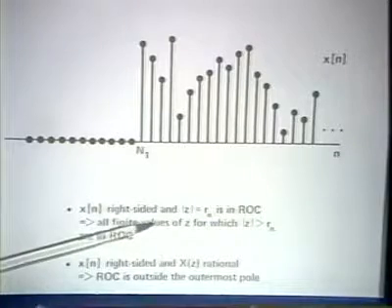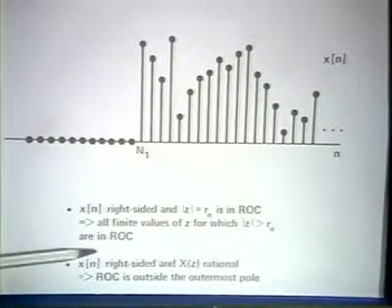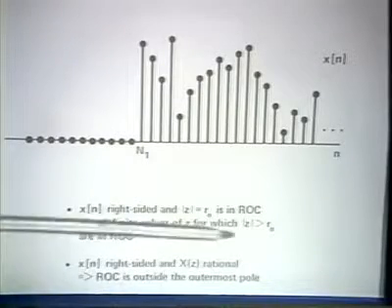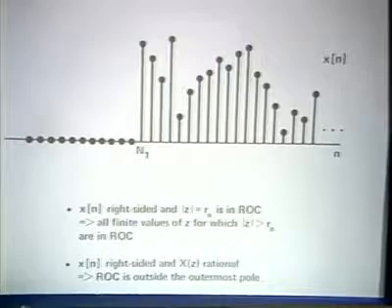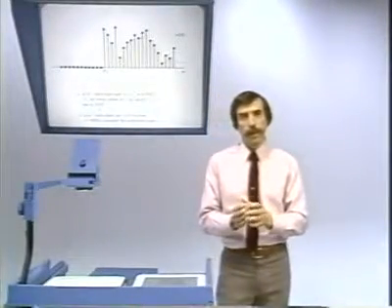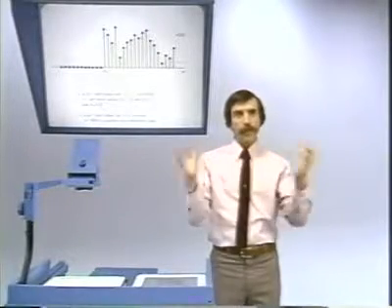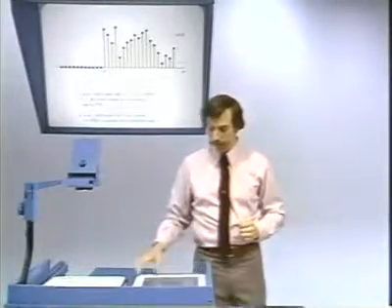If we combine that statement with the fact that there are no poles in the region of convergence, then we end up with a statement similar to what we had with the Laplace transform. Here the statement is that if the sequence is right-sided, then the region of convergence has to be outside the outermost pole, essentially because it has to be outside someplace and can't include any poles.